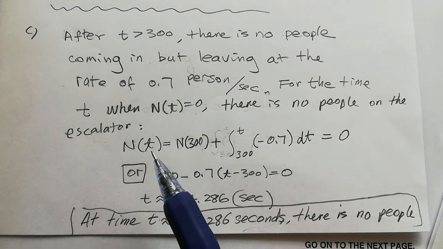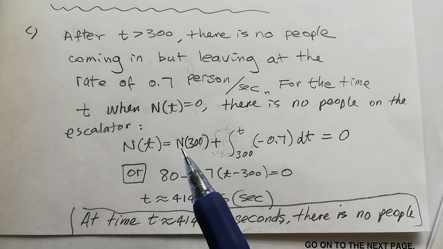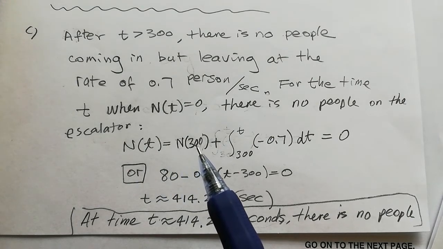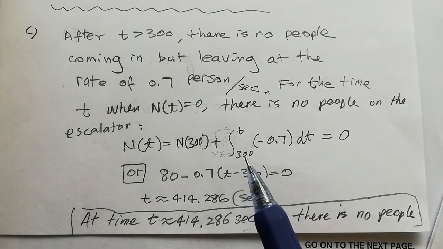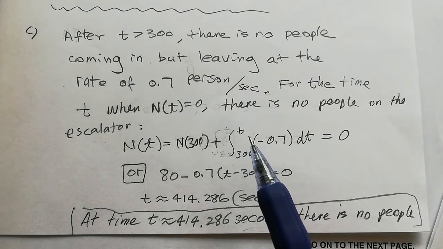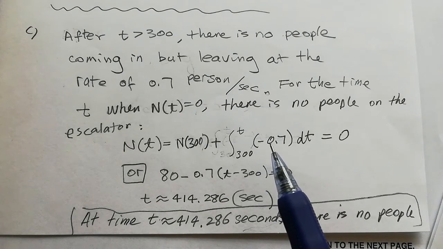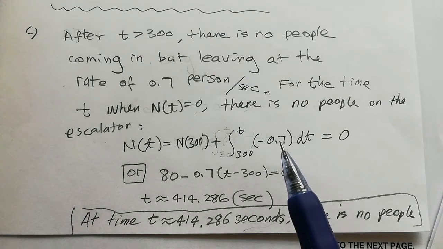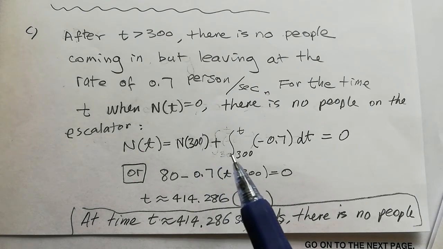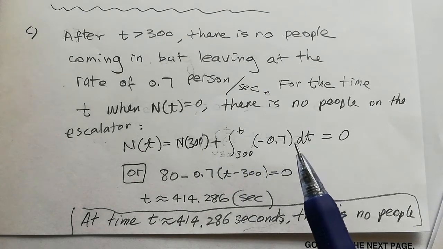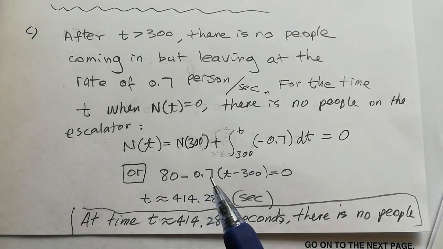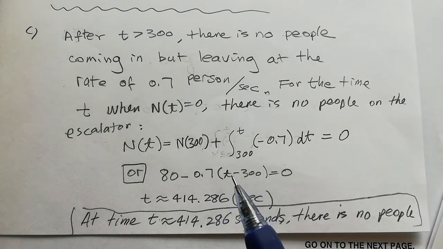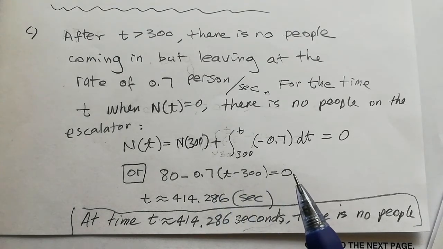So capital N of t equals capital N of 300 plus the integral from 300 to t. Now the rate at this point is only the leaving rate, which is negative 0.7, and the entering rate equals 0 because nobody is coming in.